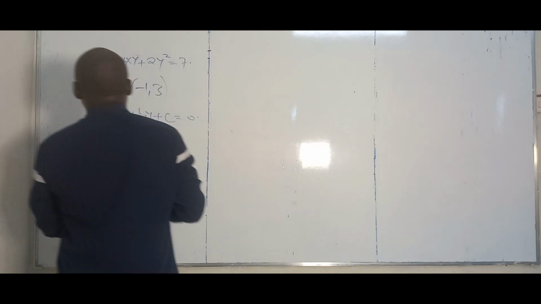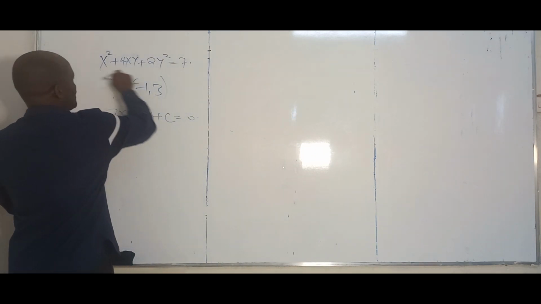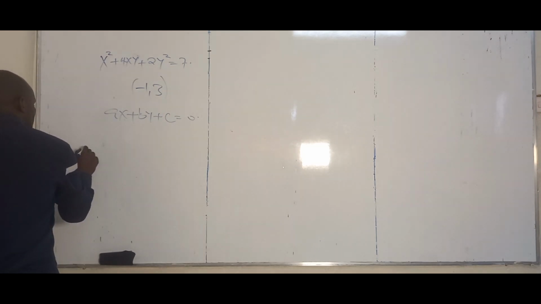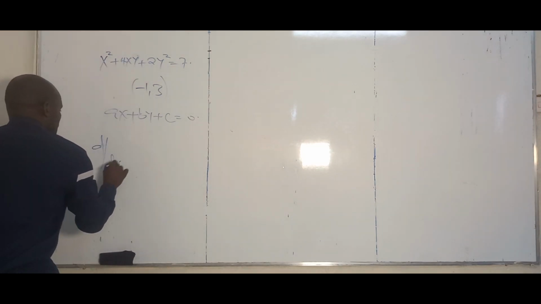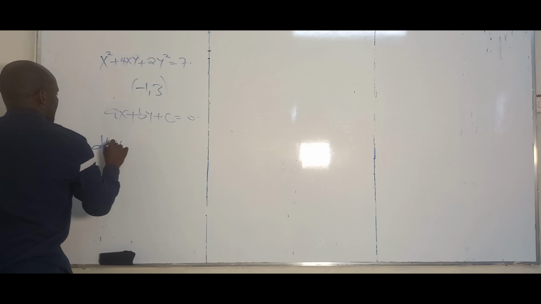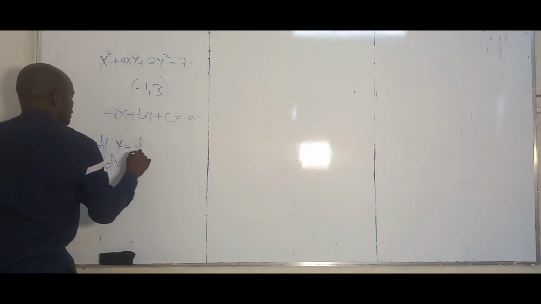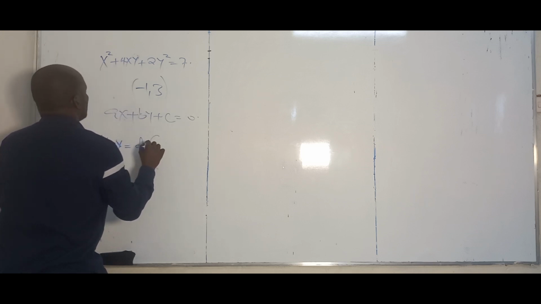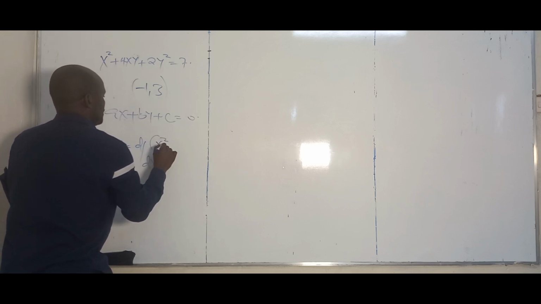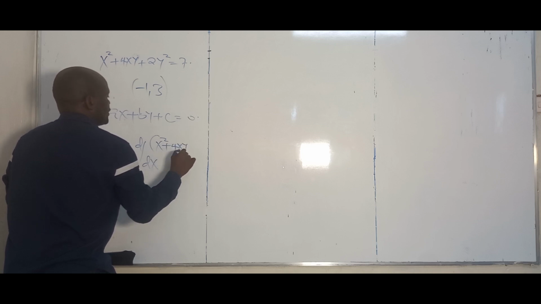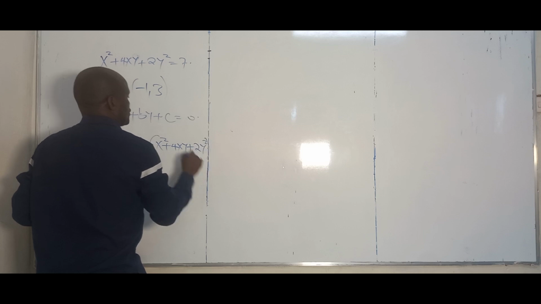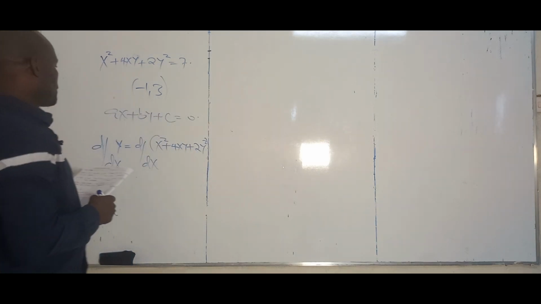So first, we seek to get the derivative of this. So the first step is d/dx of x squared plus 4xy plus 2y squared.